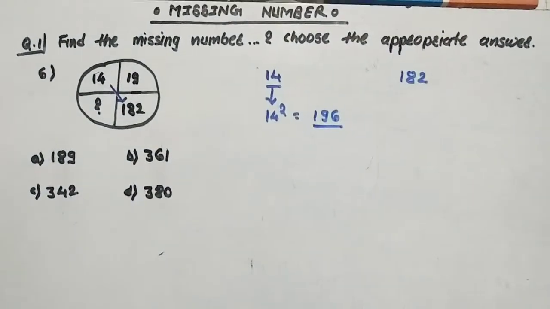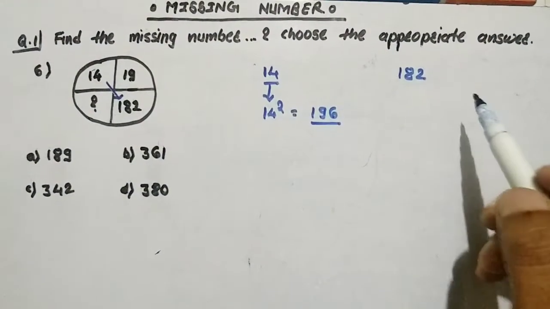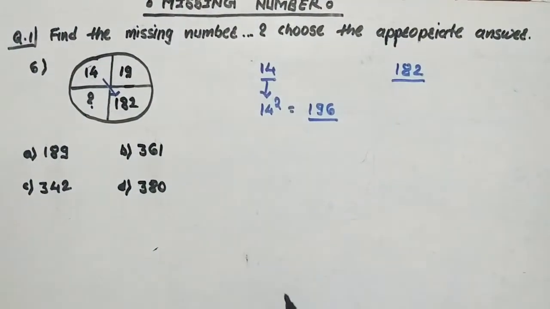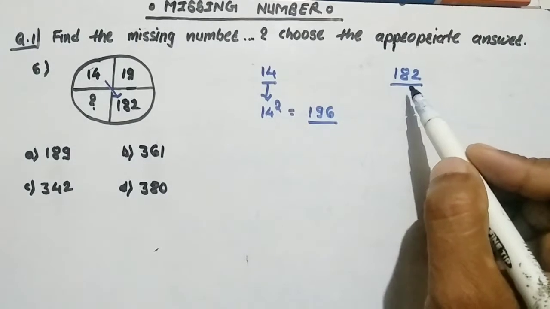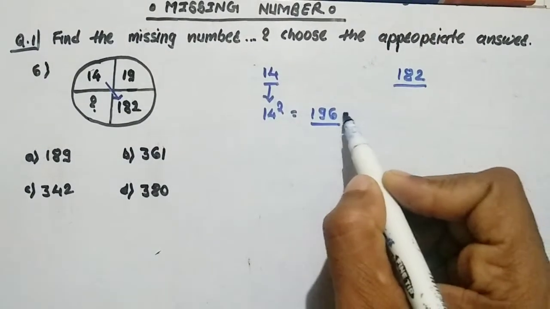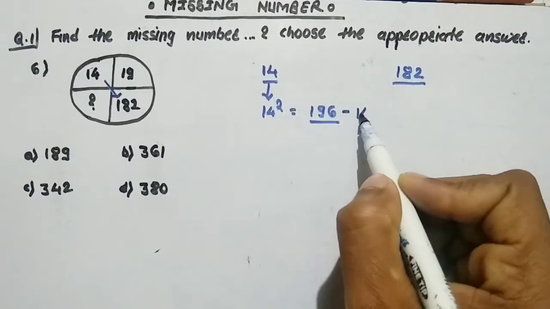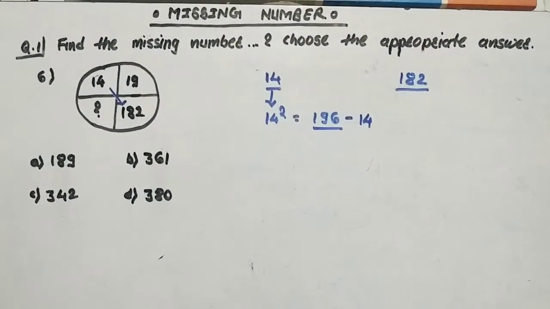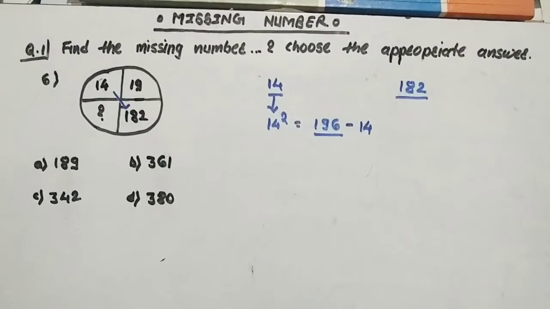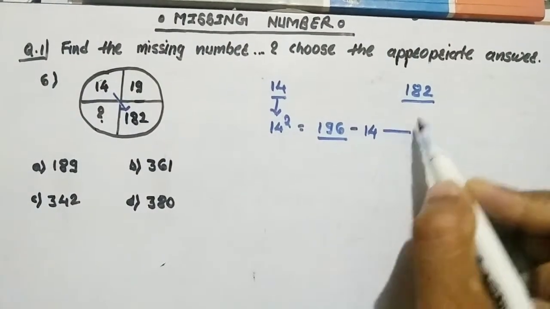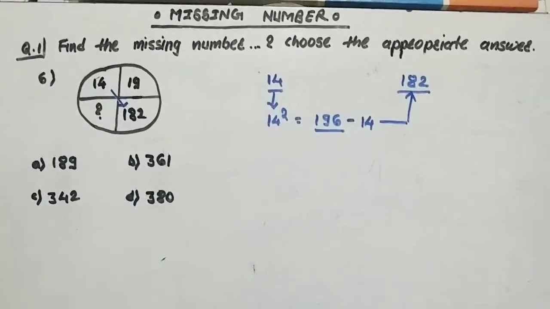And we have the value 182. So 196 and 182, the difference is 14. When we subtract 14 from 196, then we will get 182.